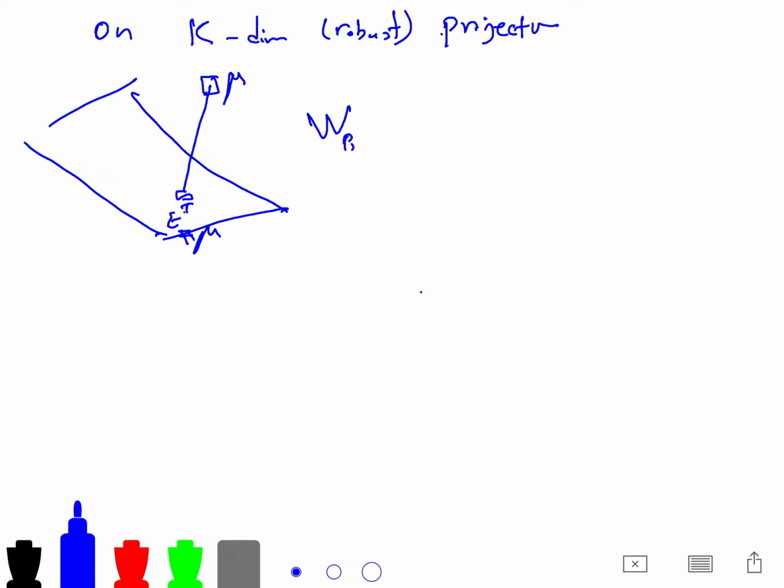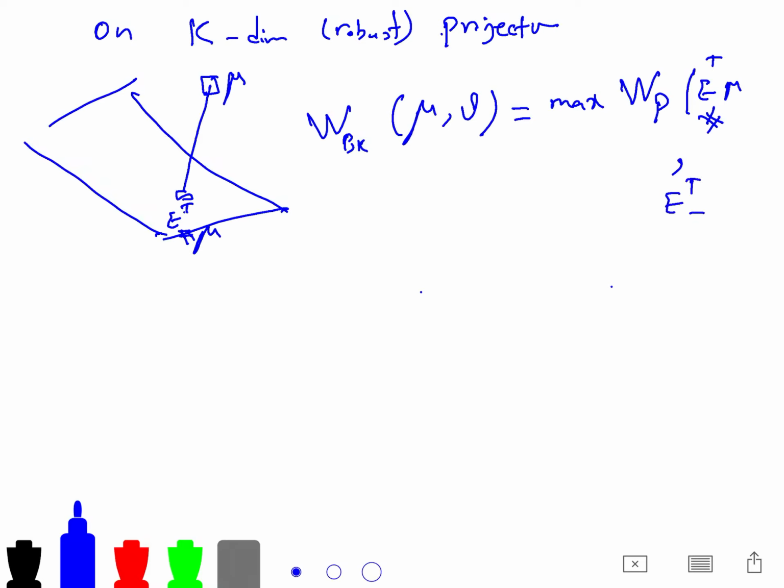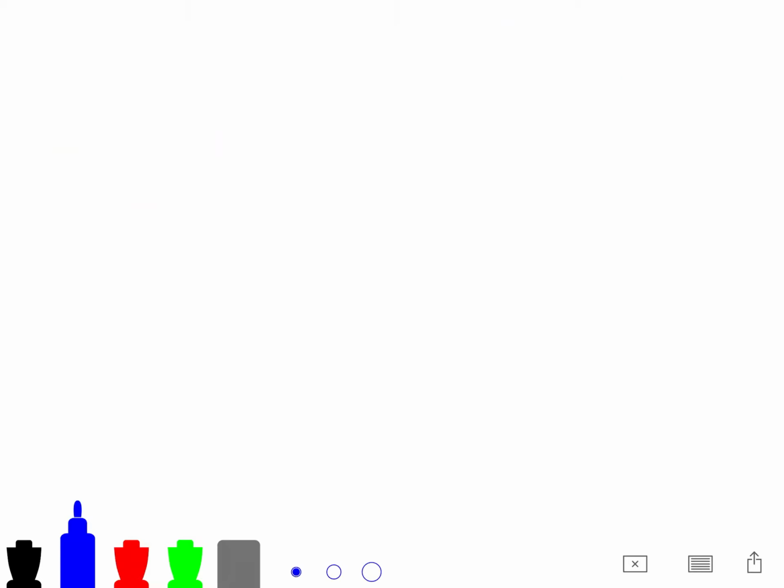So your Wasserstein distance subject to k-dimensional projection between these measures mu and nu is just the maximization of W_p of 2, when you push forward to that, it becomes E transpose mu and E transpose nu.